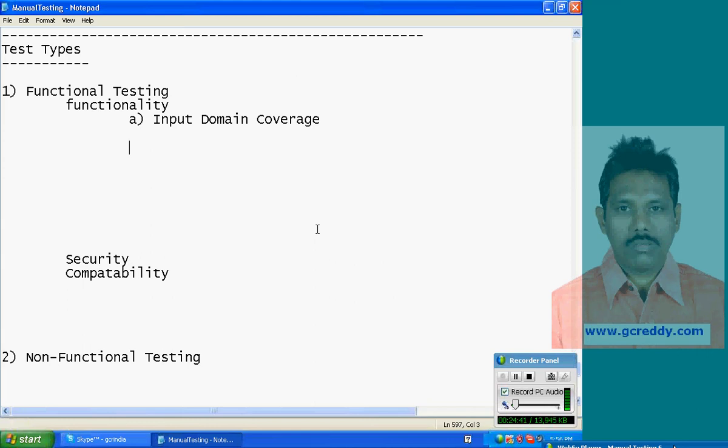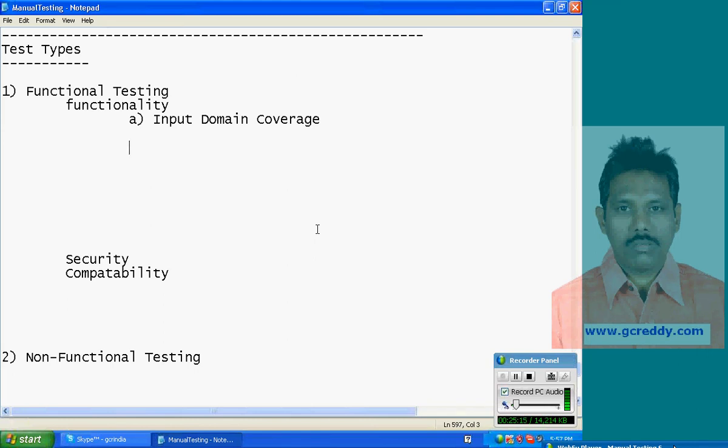We have to check whether the system is accepting valid inputs or not, and preventing invalid input or not. If you try to enter alphabets or special characters, it has to reject that data and provide meaningful error and help messages. Got the point?